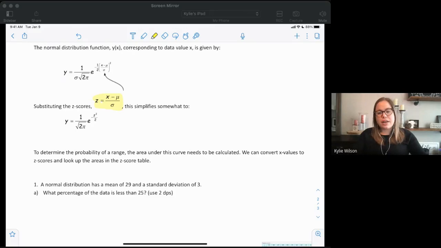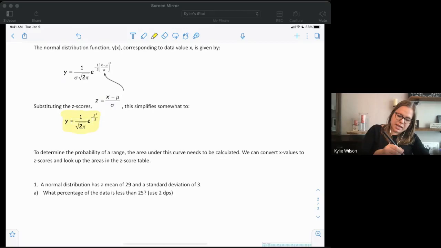In other words, writing our data point instead of just how far away it is from the mean, we want to write it in terms of standard deviations from the mean. And so once I do that, I get this formula here. Same thing, as long as I know my value of my standard deviation and my mean, I can absolutely find this. Again, if I were to graph it, put it into Desmos, I would get my nice bell curve for my normal distribution. So that's what all of that is about.